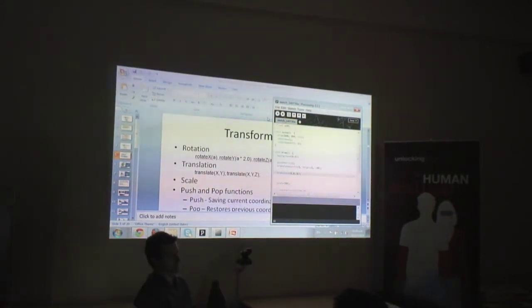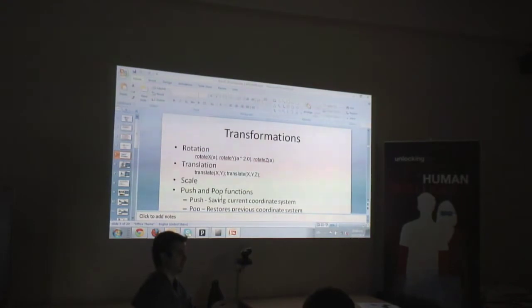So it gets quite complicated when you start dealing with lots and lots of manipulations at the same time. If you rotate, translate over and over again, you're going to end up quite confused, and that's why we have these push and pop functions. So we only need to change the transformation matrix for whatever we're working on. We don't need to keep trying to figure out, okay, I've moved here, now I need to move this little bit to get where I want to be.